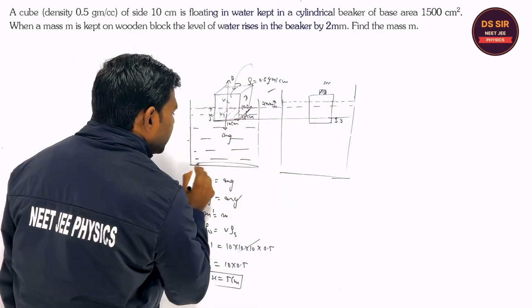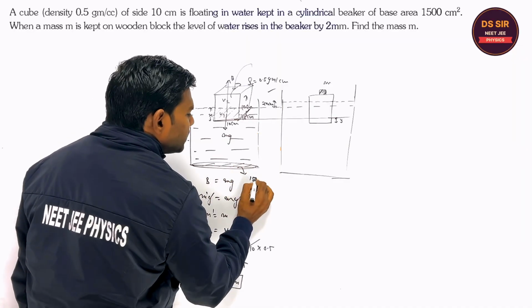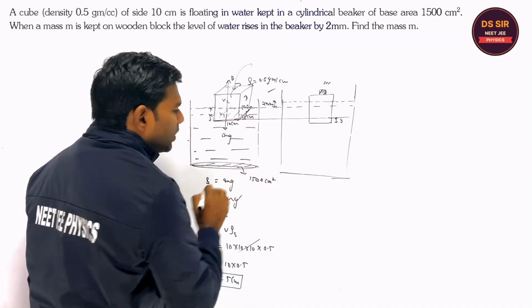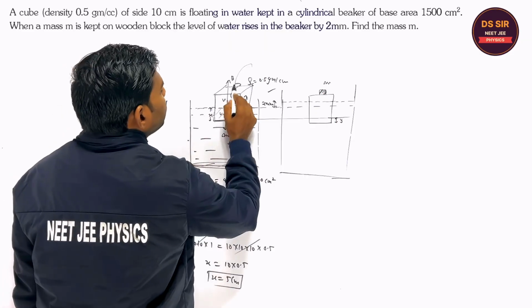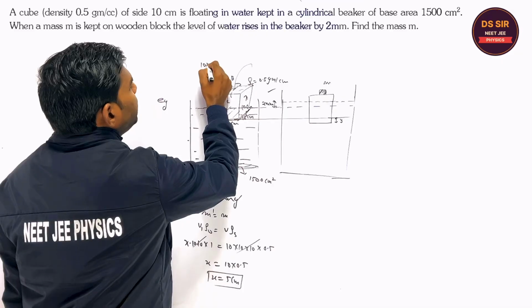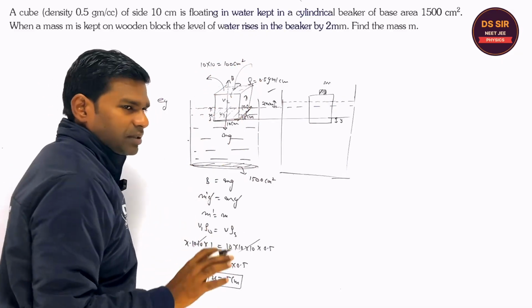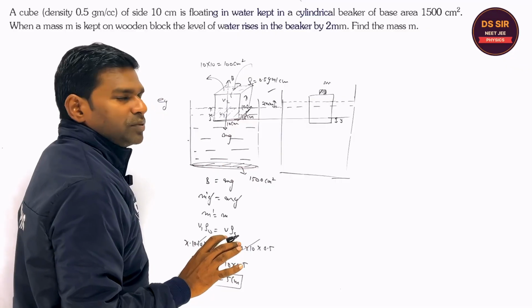The base area of the tank is given as 15 centimeter square. And what is the area of this portion? 10 into 10 is equal to 100 centimeter square. Is it clear or not, you tell? Right.